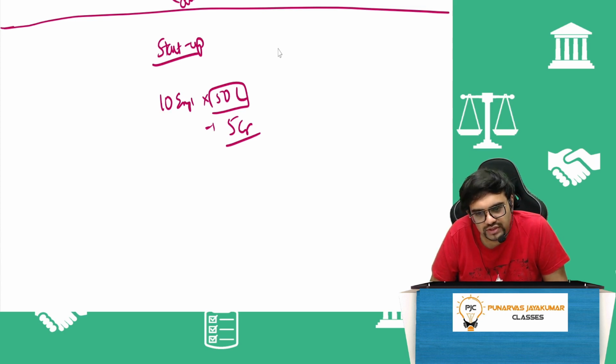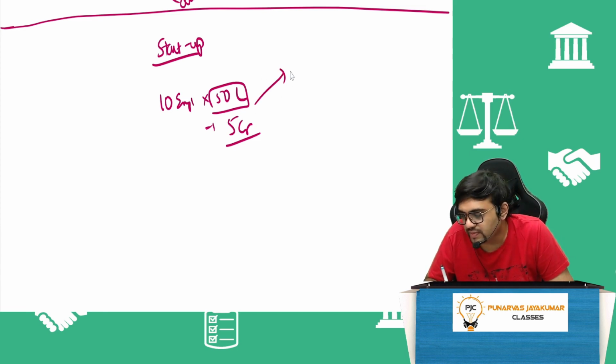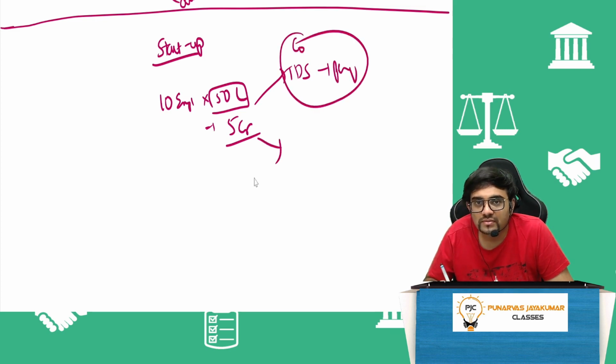If I do this ESOP of 5 crore and you exercise the option, first of all, guys, is there TDS on this ESOP? Yes, TDS outflow, since it's a perquisite. From the company's point of view, TDS will go. From the employee's point of view, let's say his salary is 3 lakhs per month.